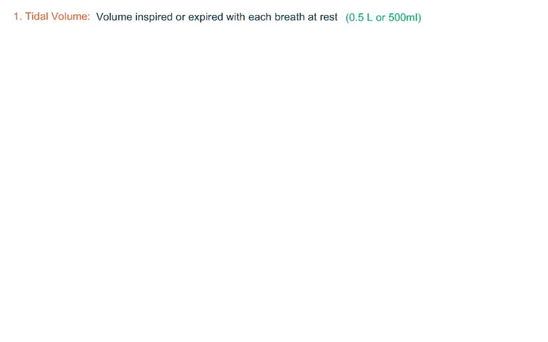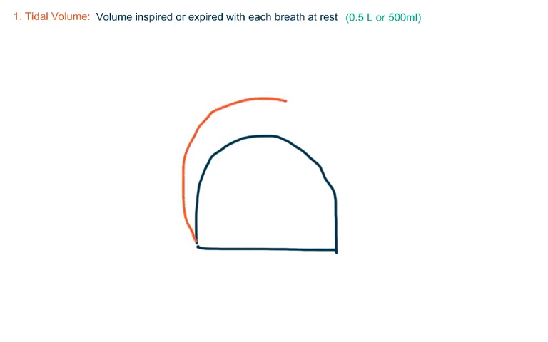Let's start with lung volumes. So think of this as your lung. Now the volume of air that you are inhaling and exhaling with each breath at rest is called tidal volume.